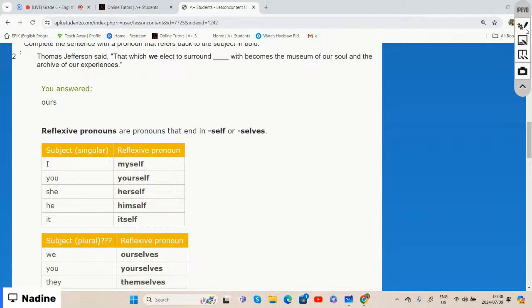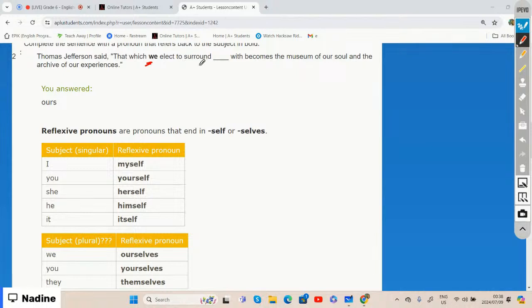So we're going to say, Thomas Jefferson said that that which we elect to surround, do we say ourselves, yourselves, or themselves, with becomes the museum of our soul and the archive of our experiences. So we need to choose the correct one.